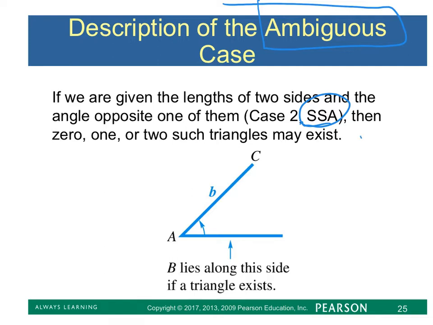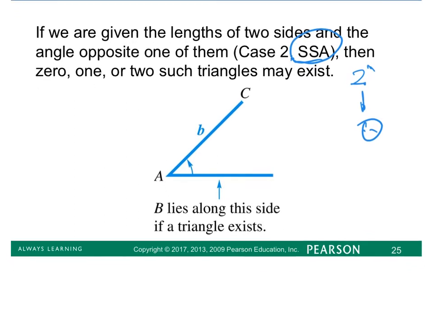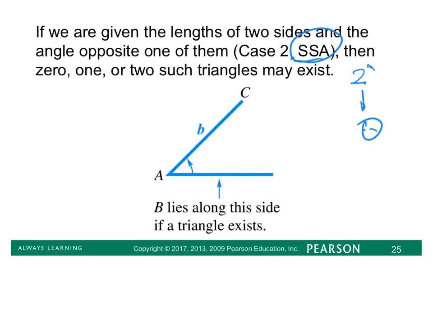You could have two, but it still could be one, or it could be zero. It may not work at all. At most is two, as few as zero. See why this would be the case. If you had side angle, so you have this, let's see.